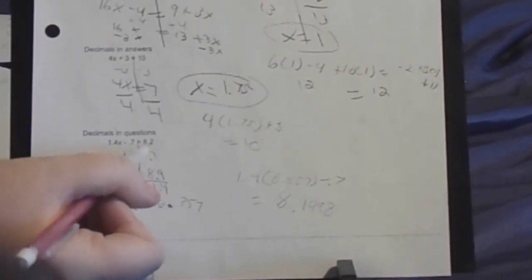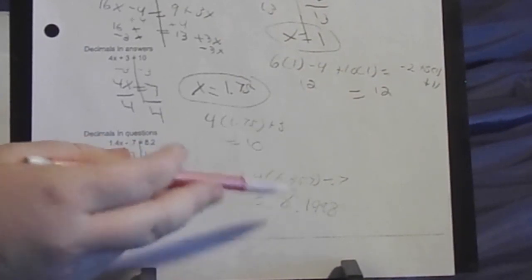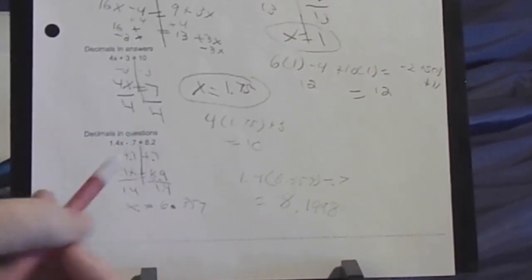So it's not exactly 8.2 like the answer is. But when I got my decimal, I didn't write down all the numbers after the point. Which means if I wrote more and typed in more, I'd probably get 8.2. So because it's decimals and because my answer is really, really close to the actual answer, I know I'm right.